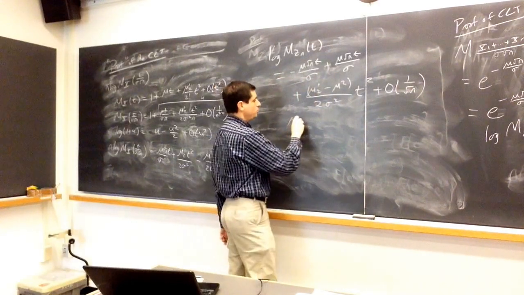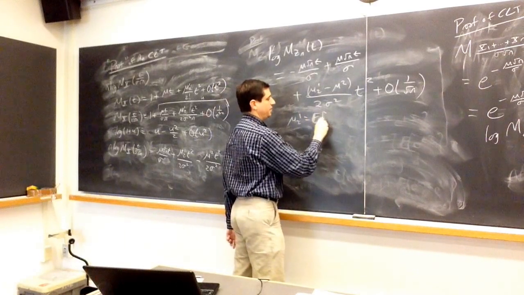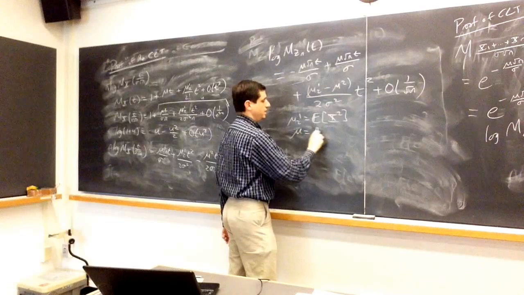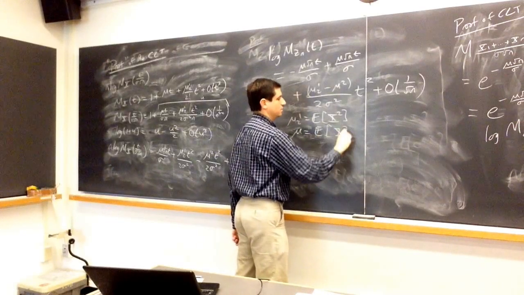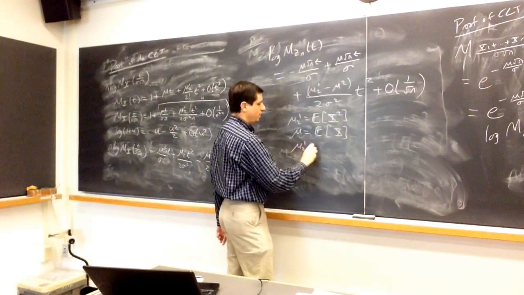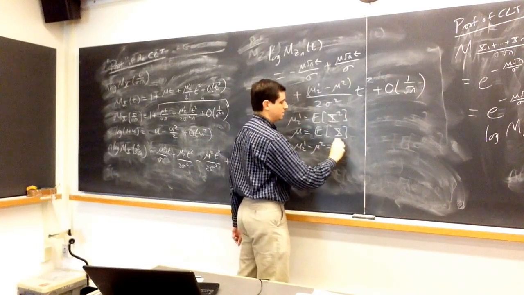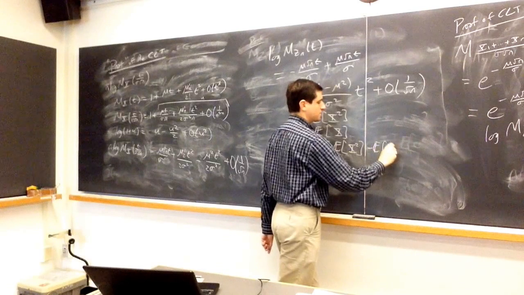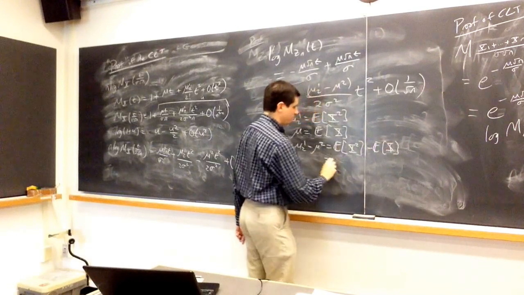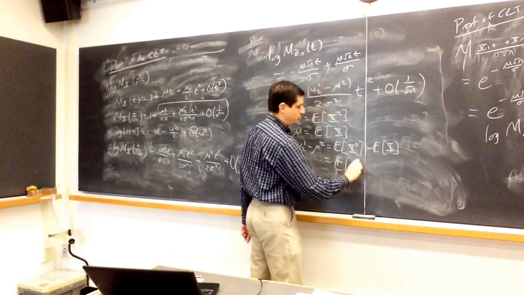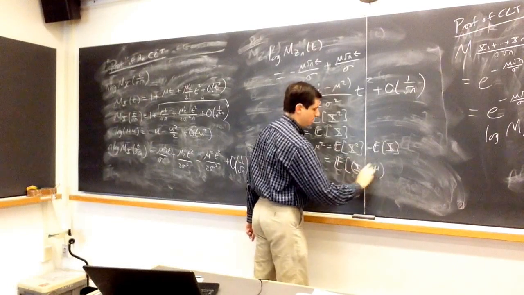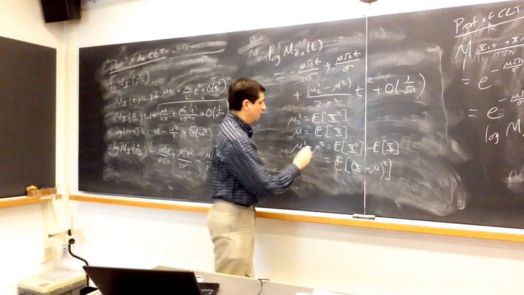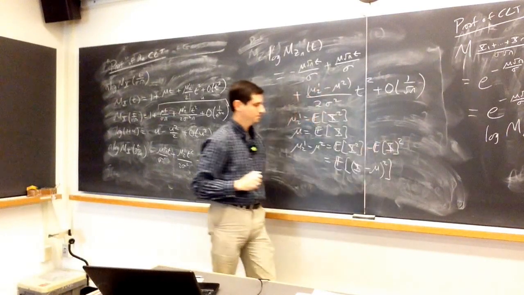Now, mu2 prime is the expected value of x squared. Mu is the expected value of x. So mu2 prime minus mu squared is the expected value of x squared minus the square of the expected value of x. If you do a little bit of algebra, this is the same as the expected value of x minus mu squared. Here, yes, that should be squared.